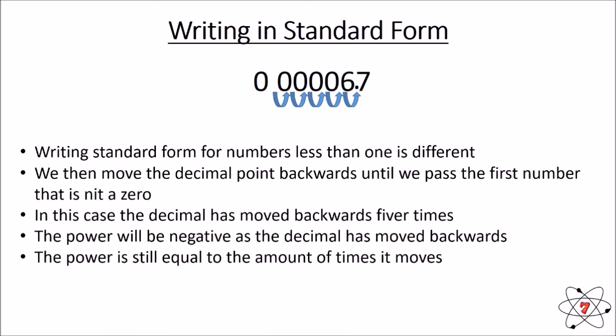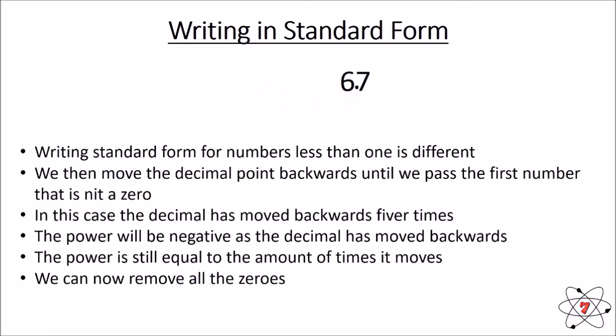So this time it's going to be times 10 to the power of minus 5 because the decimal has moved 5 times. We remove all the zeros just like before. So 6.7, we add our power: times 10 to the power of minus 5. It must be a minus because the number has moved backwards.